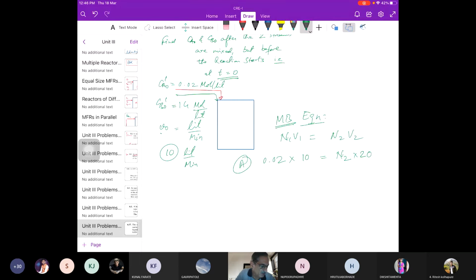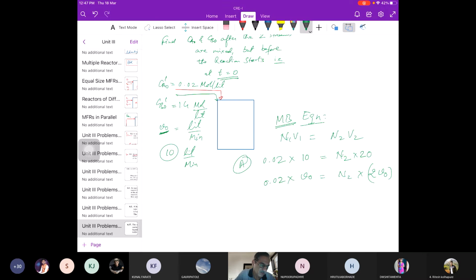If I'm mixing V naught liters per minute of A and V naught liters of B, total volume will be 2 V naught. I just put some numbers instead of V naught.